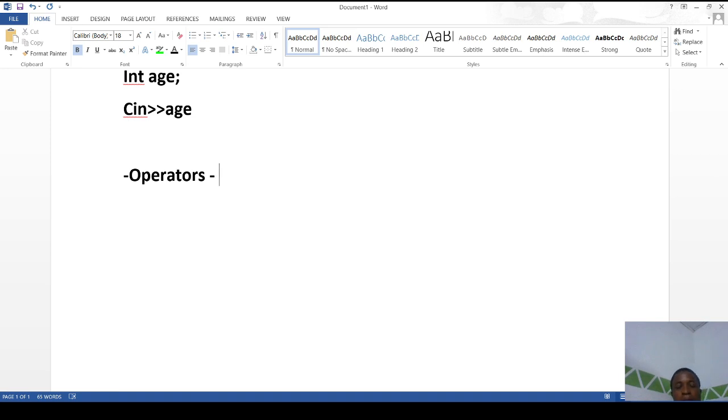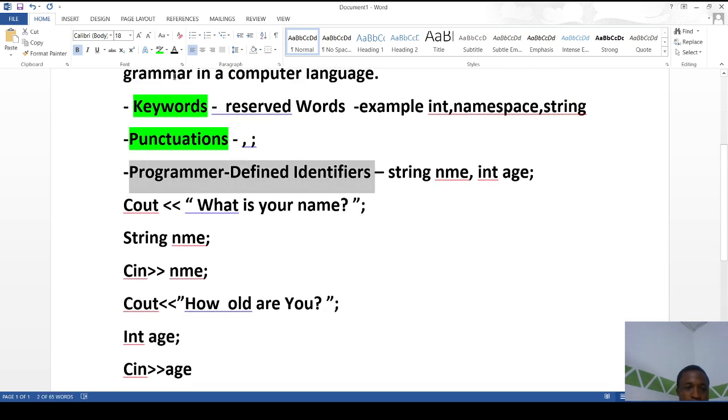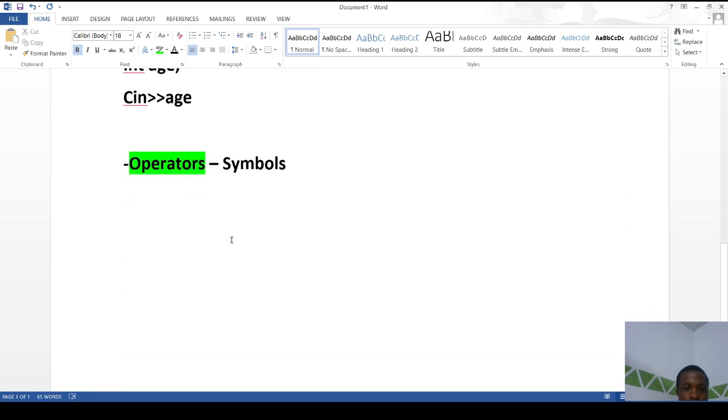When we talk about operators, what are operators? Operators are symbols that we use in our programming language. I will group these symbols into three major types of operators.